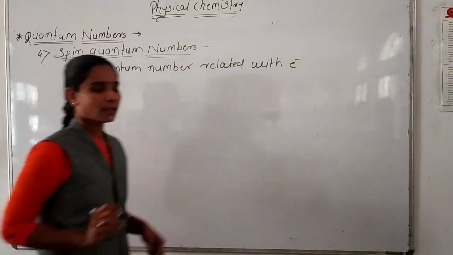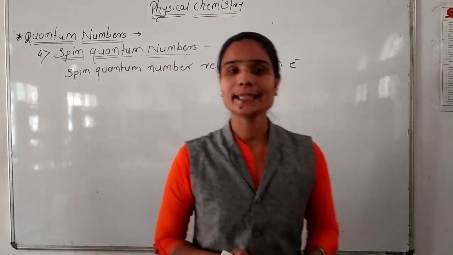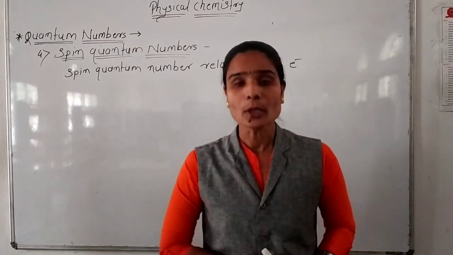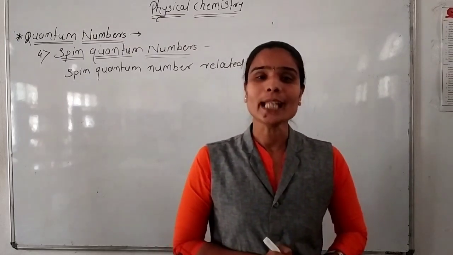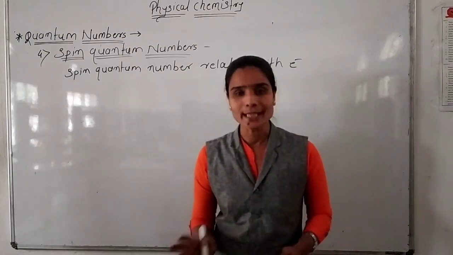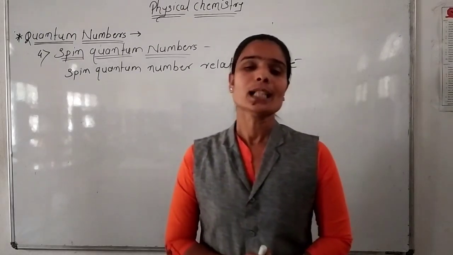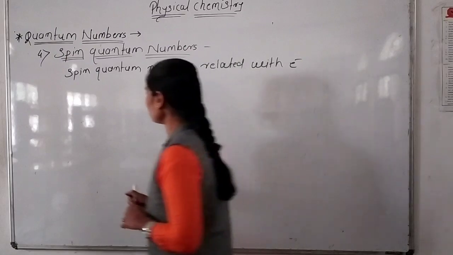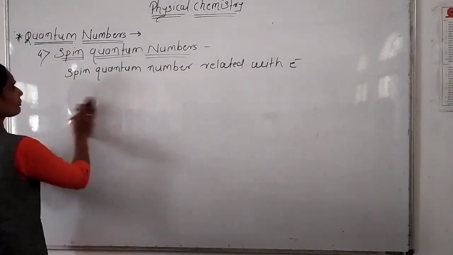How? Because when an electron is present in an orbital or suborbital, that electron has its own spin value. That's why the spin quantum number is related with the electron.